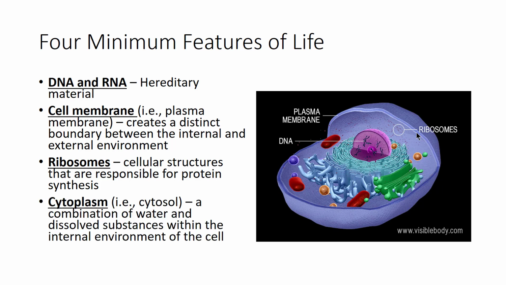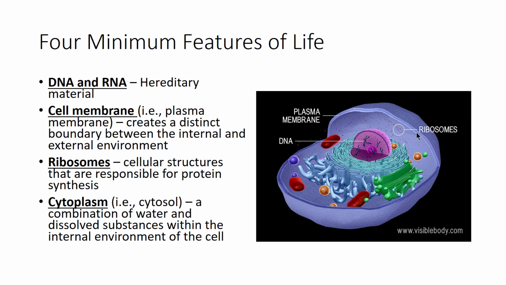The last one is an attribute of the fact that life requires water and other dissolved elements within the water. That water and those dissolved elements are found, at a minimum, inside of the cell, within the cell membrane. Once you take the water and all of the things dissolved within it, that collection is what's referred to as the cytoplasm or the cytosol.